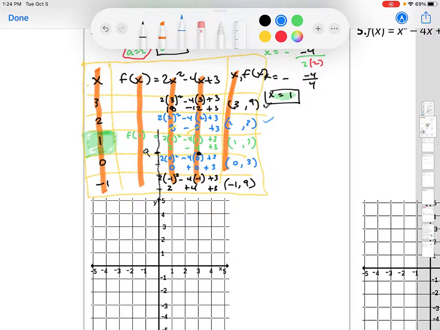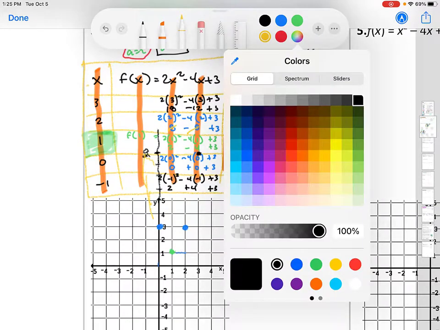Right. 2 up 3. 1, 1. 0, 3. And the points should be symmetrical, right? So 1, left 1, up 2, but it gives you the same point. And then black, negative 1, 9, left 1, up 9. So here's my graph. I need a darker color.